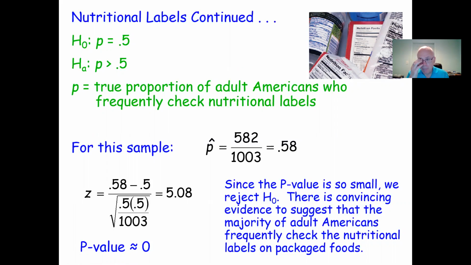Now, in most cases, we don't get such convincing evidence when we do a hypothesis test. And so when we calculate our p-value, we really have to compare it to something and make our decision, right? Because it's not totally clear.